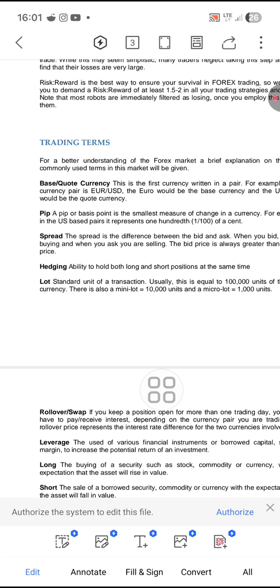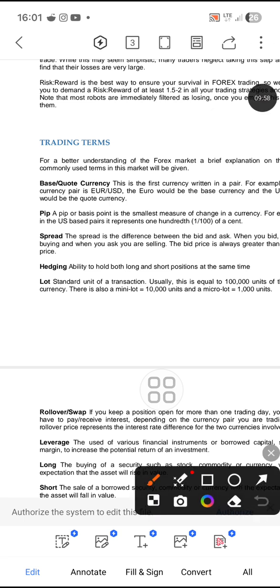I don't normally use that term a lot. The important things here are the quote and base currency, a pip, and spread. Lot is also very important. So study them, and understand what they mean by yourself.